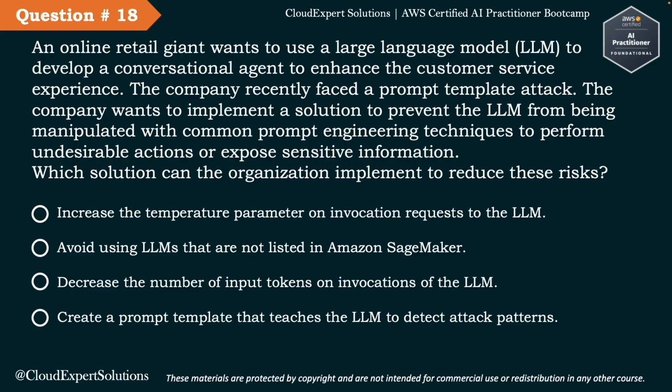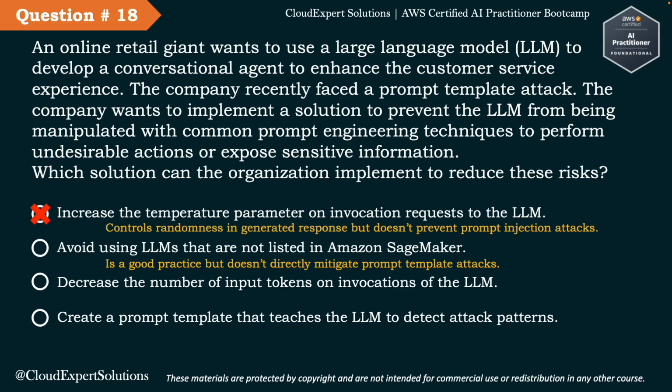Let's review the options. Option number 1, increase the temperature parameter on invocation request to the LLM. Temperature will control randomness in generated output. That is why this is not a correct option. Option number 2, avoid using LLMs that are not listed in Amazon SageMaker. While using a trusted model is a good practice, it does not directly mitigate a prompt template attack.